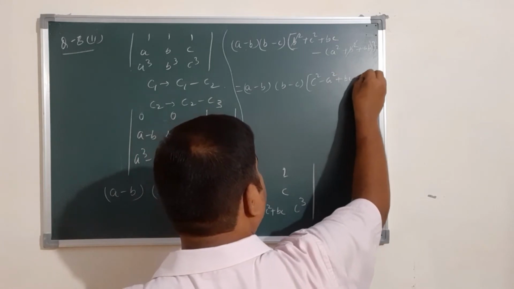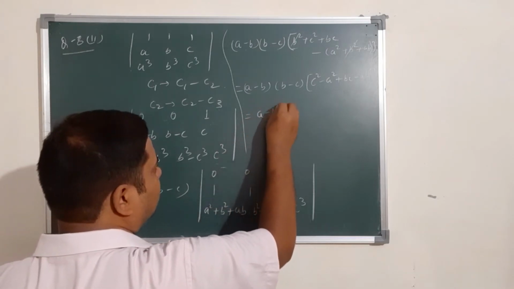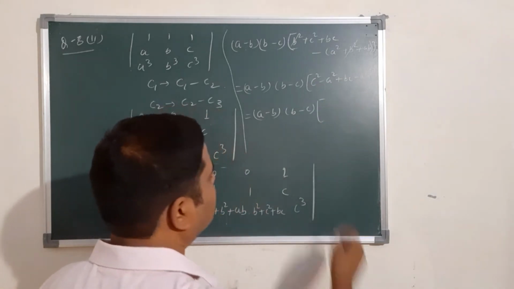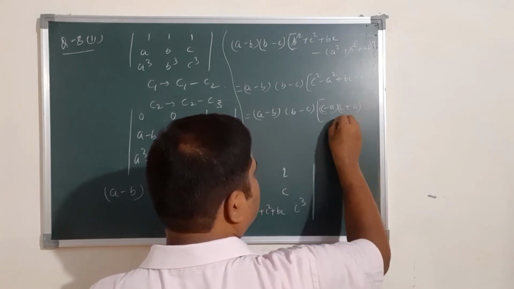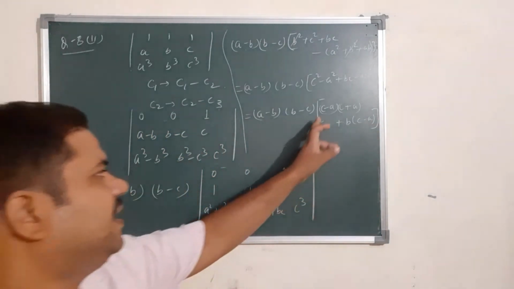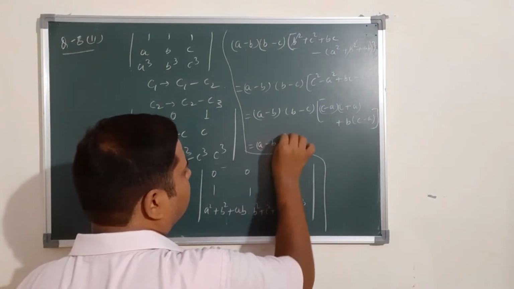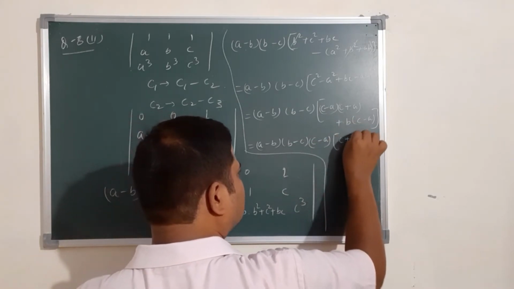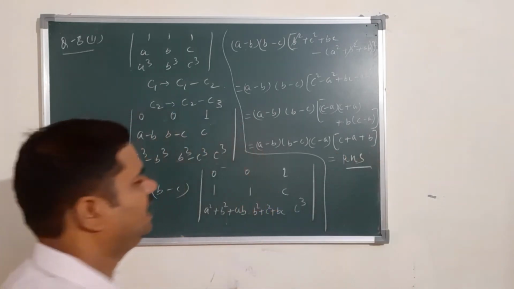Now if you factorize it, (C minus A)(C plus A) plus B(C minus A). If we take C minus A common from the bracket, this is (A minus B)(B minus C)(C minus A), within bracket (C plus A plus B), and this is your result RHS.